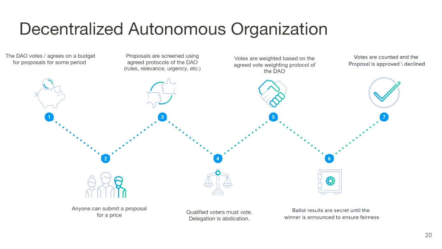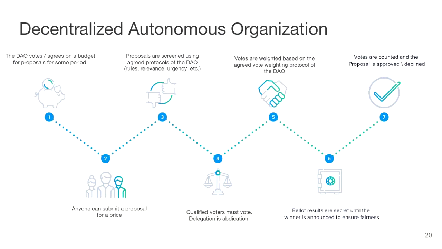So charging a price is an important piece of submitting a proposal, because it ensures that the submitter is going to only do it if it's important, relevant, and if they believe it has a reasonable likelihood of being passed. So once a proposal is submitted, it's screened.